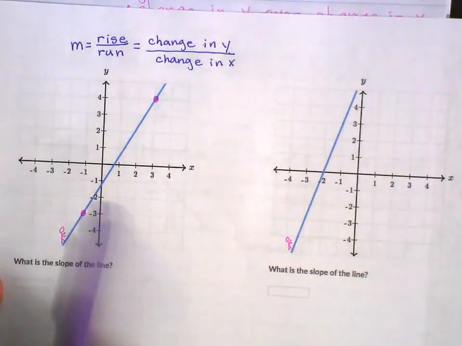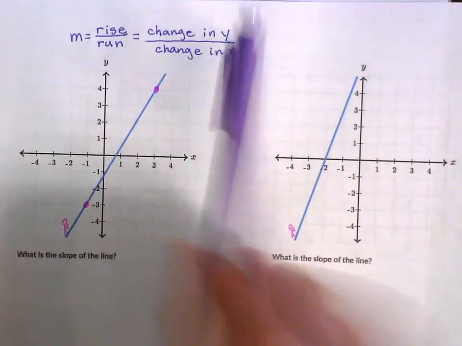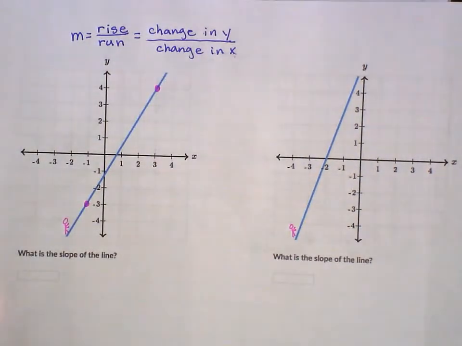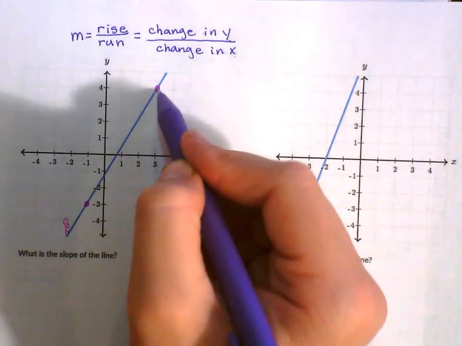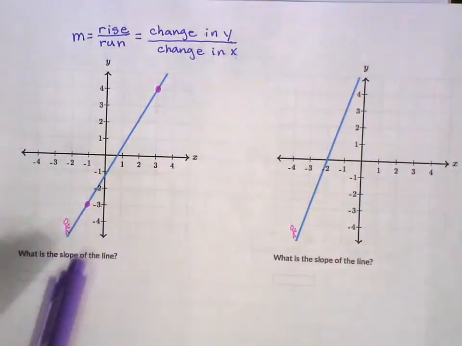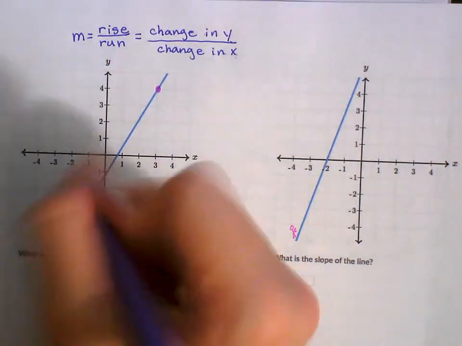So, we read a graph from left to right. So right off the bat, we see I'm running up this line, so it should be positive. It's a positive slope. So rise over run. From this point to this point, so from -3, because that's what the y value is here, to 4, how much are we rising?